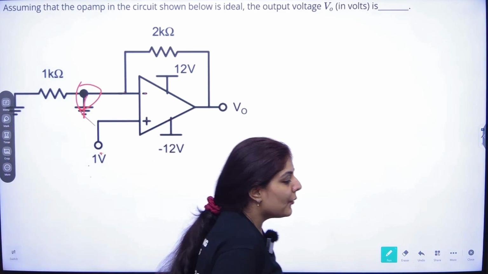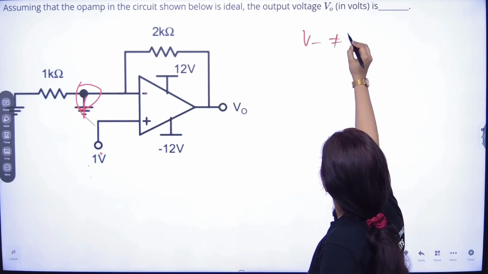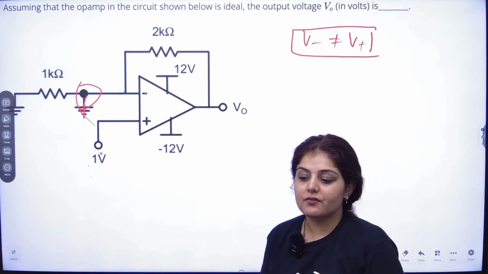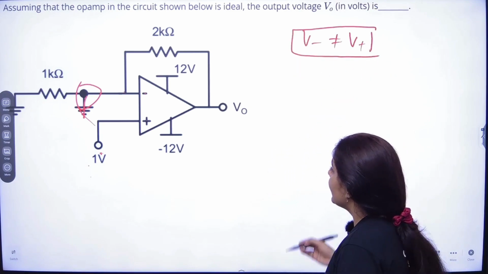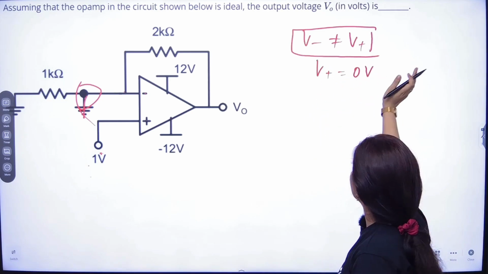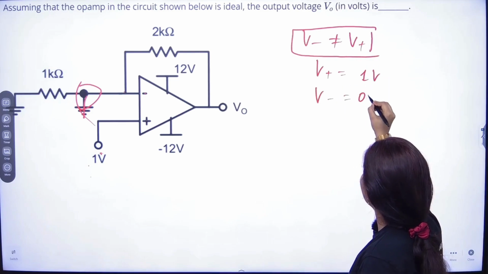Now V positive is not equal to V negative here, right? This is not the case. V positive is not equal to V negative because V positive is at 1 volt and V negative is at 0 volts.